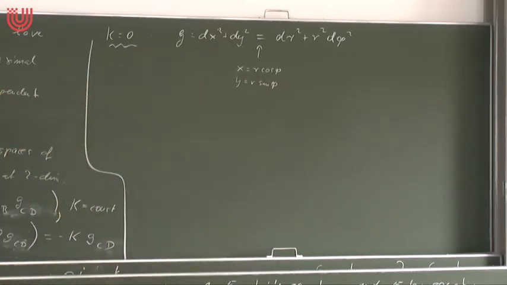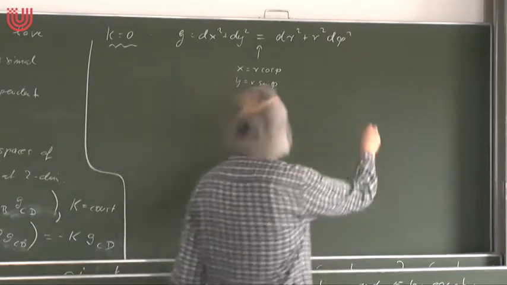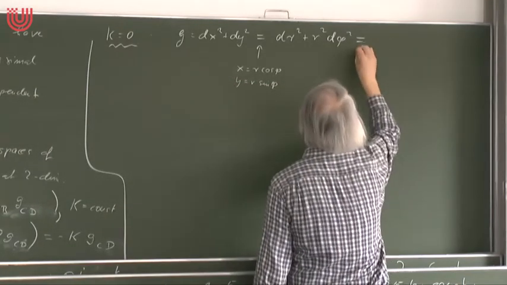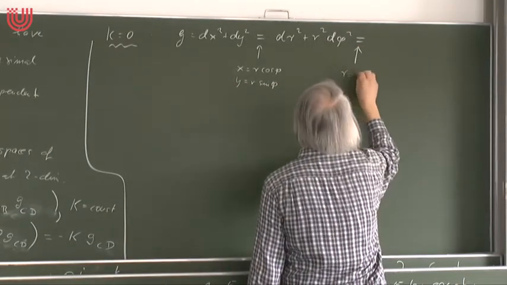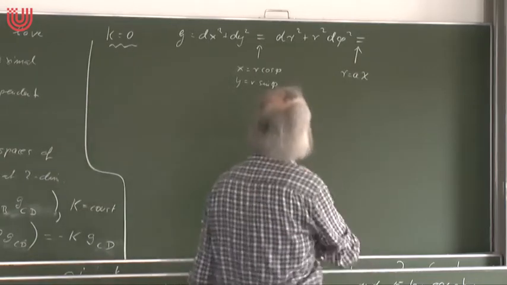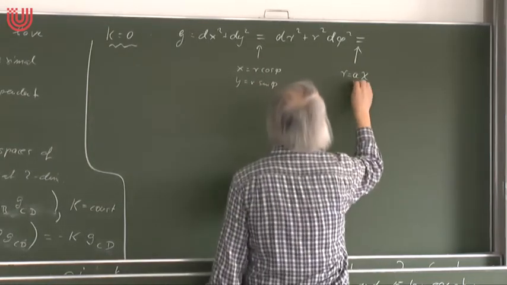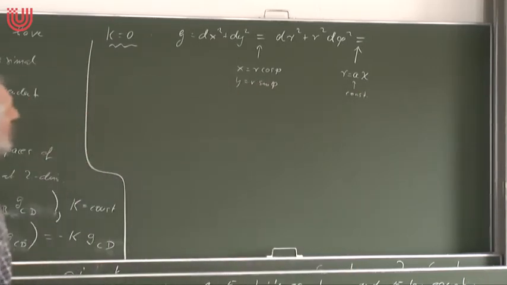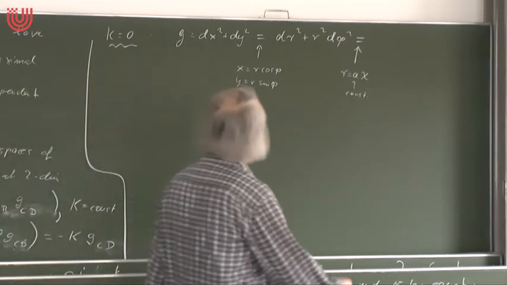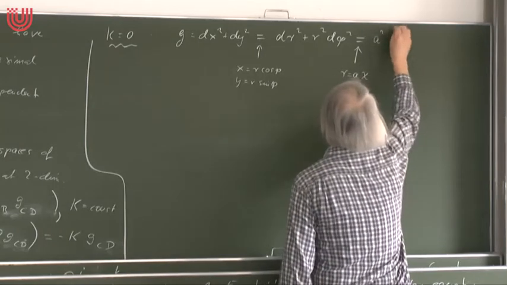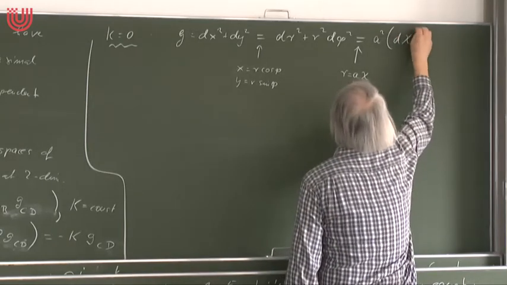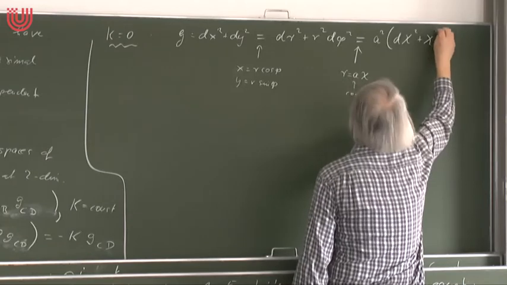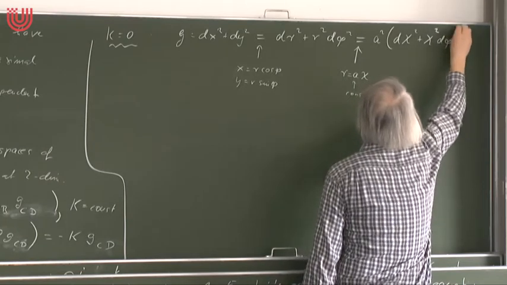And for a certain reason, I will extract a dimensionful constant out of the r. So I will write the r in the way a times chi. So this here is a constant with a dimension of a length. So chi is now a dimensionless coordinate which replaces the radius coordinate. And then I have this expression, squared, d phi squared. Yeah.